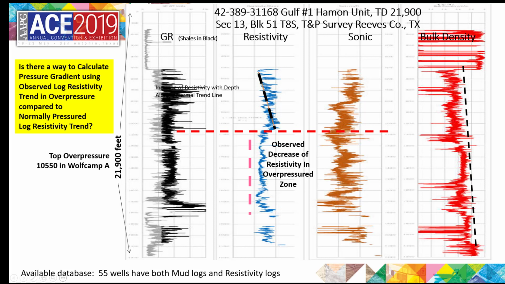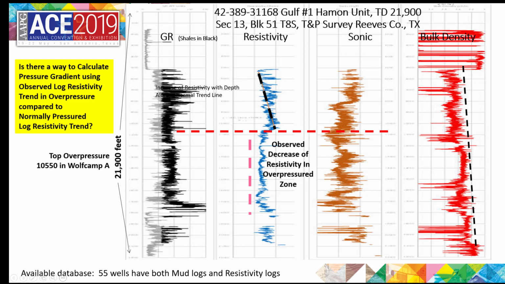I see that same kind of trend increasing on the sonic log, but we're not going to use sonic logs in this venture. So when I look at this, I see the trend of shallow resistivity, and here it drops in the overpressured zone where the Gulf Hayman well had to mud up.